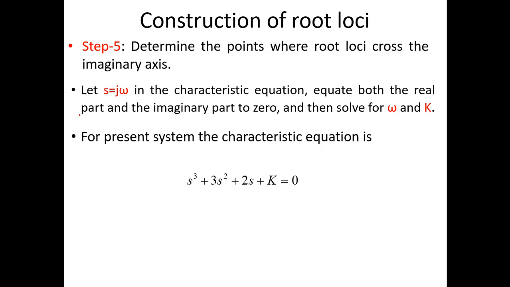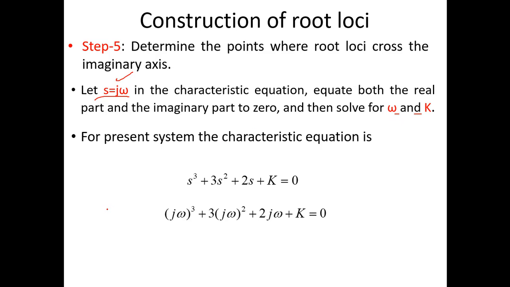Let's consider s equal to jω, where j is the imaginary term. We have to equate both the real and imaginary parts to 0, and then solve for ω and K to find different points on the imaginary axis.